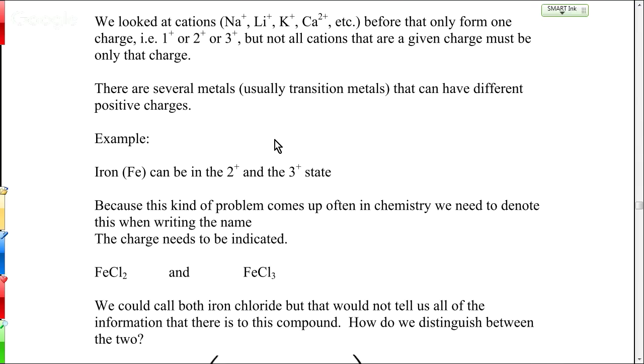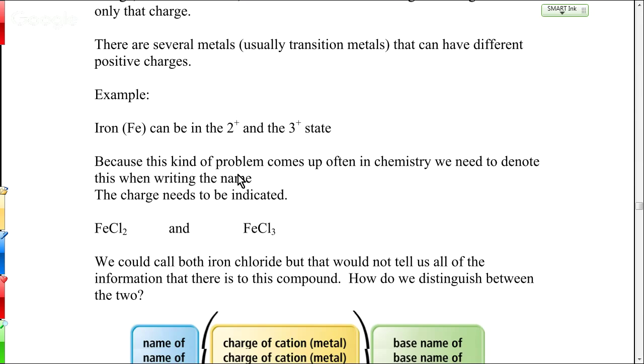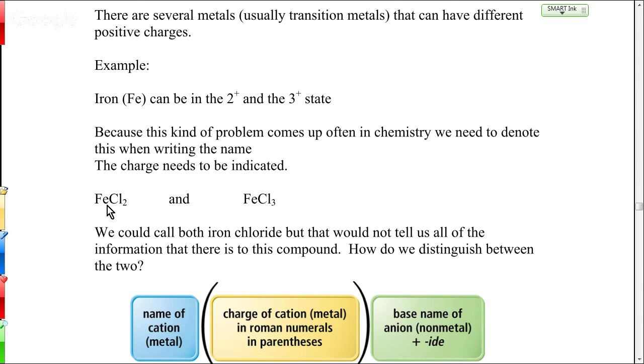You can have two different types of ions. Because this problem comes up, look at these two compounds. We can have FeCl2, which is what happens when we have a +2 iron. We can have FeCl3, which is what happens when we have a +3 iron, because the overall compound has to be neutral. We can't just say iron chloride, because either one of those would be iron chloride. So we have to come up with a way of distinguishing one from the other.